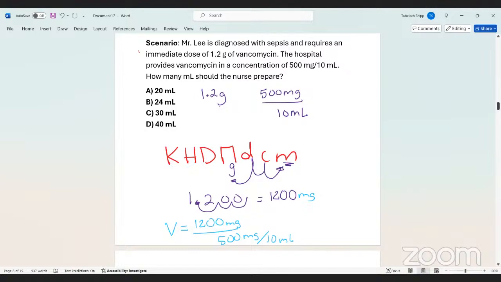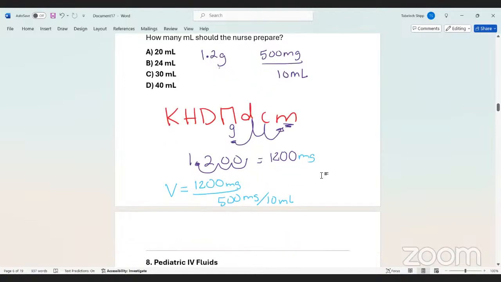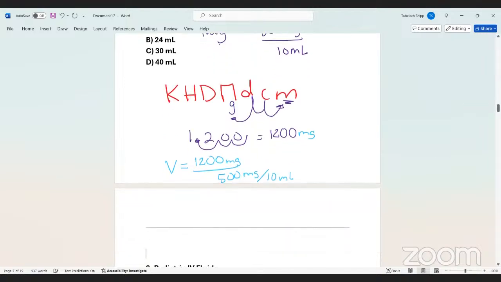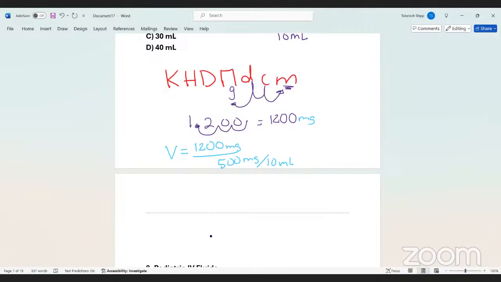You're just going to take that 1,200 milligrams, and remember the 500 milligrams on the very bottom: 500 divided by 10, you get 50. And remember, your milligrams per milliliter is basically the unit there, okay?